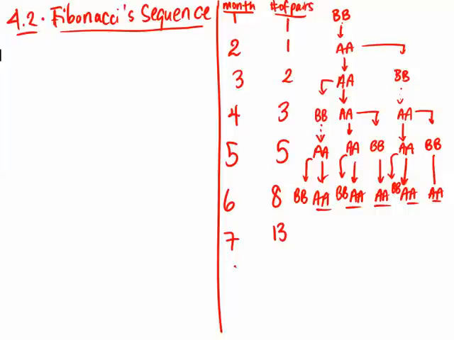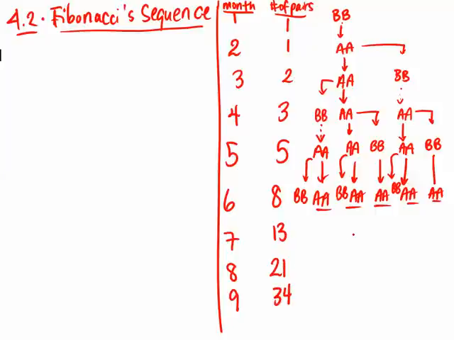So for the next month, for month 8, without having to draw it, I have 13 constant adults plus the 8 new sets of babies, because those are the mature adults. So that makes a total of 21. For the 9th month, I'll have 21 plus the 13 is 34.